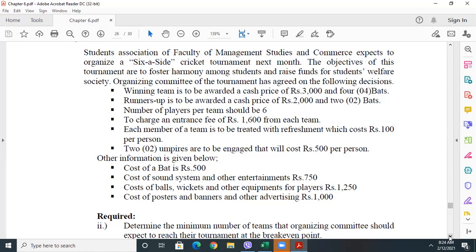The number of players per team should be 6. So there must be 6 members per team. To charge an entrance fee of rupees 1,600 from each team. So they have thought of charging an entrance fee of 1,600 for each team. Each member of a team is to be treated with refreshments which cost rupees 100 per person.